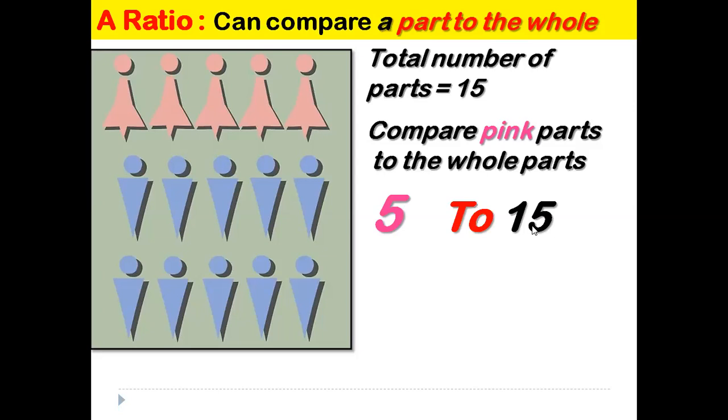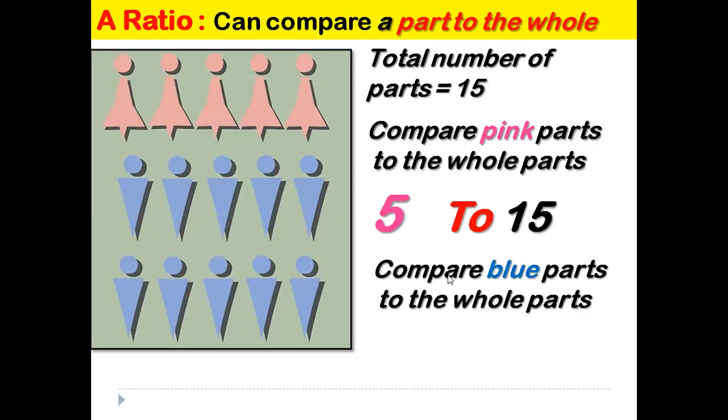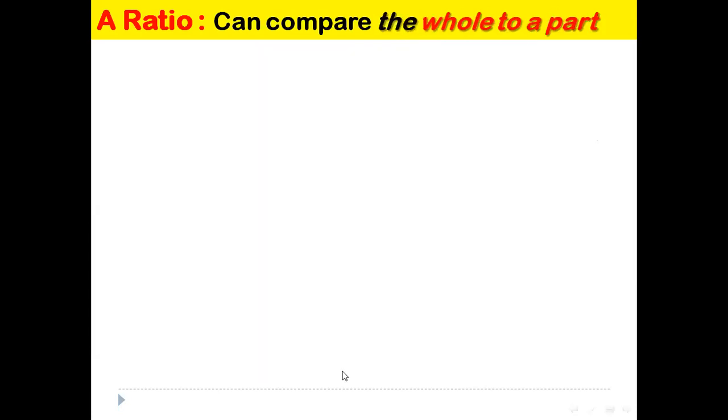So 5 to 15. See, I started by reading pink, so the first number we write is the number of pink. If we need to compare the blue parts to the whole, how many blue parts do we have? 10 blue parts to 15 whole parts.